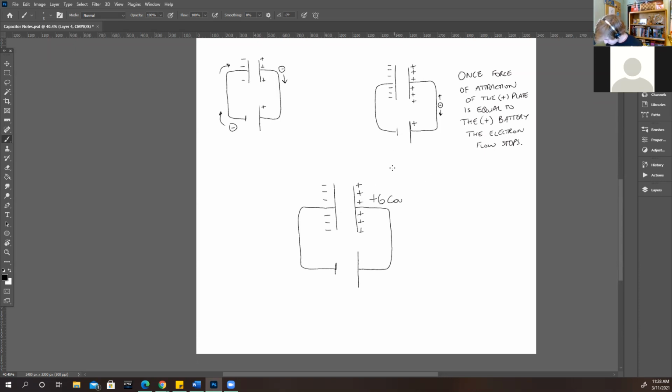The unit of charge is coulombs. Remember, that was a one-for-one, so one charge came off and another charge was deposited onto this side. So this has -6 coulombs.